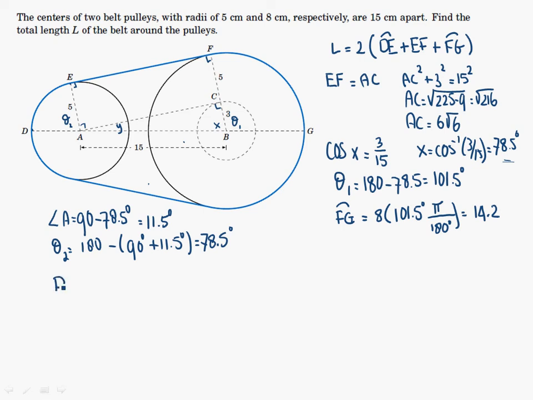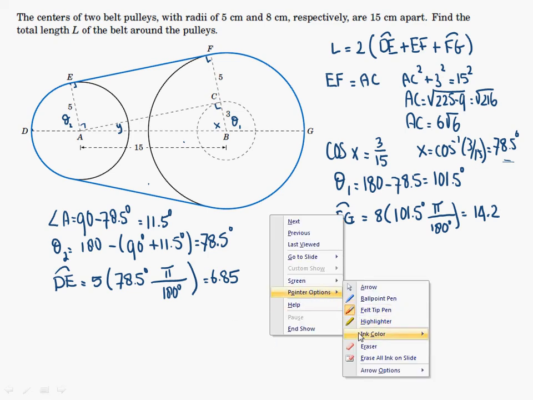So arc DE is the radius, which is 5. Multiply this way, make it into radians by using pi over 180, and you get 6 point something. And on this one, I did carry a second decimal, so that I have three numbers that are accurate, so that you can answer the final question, which is the length.